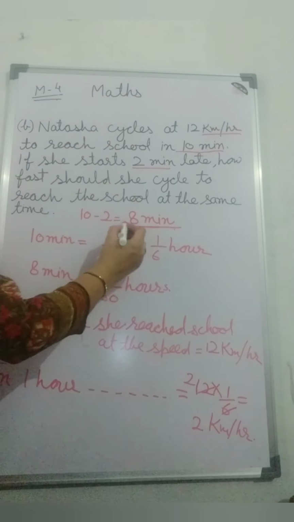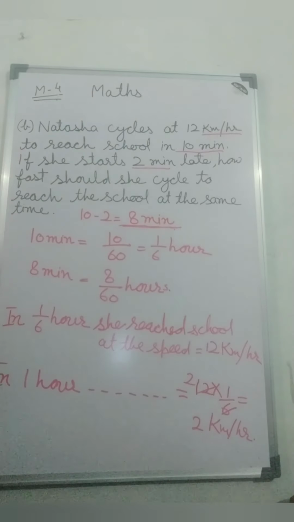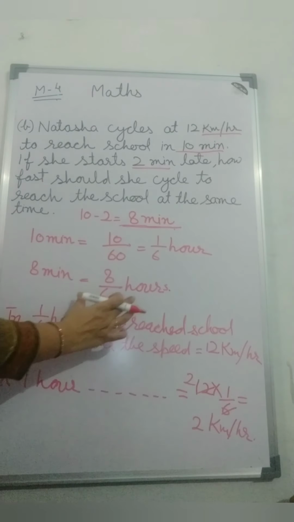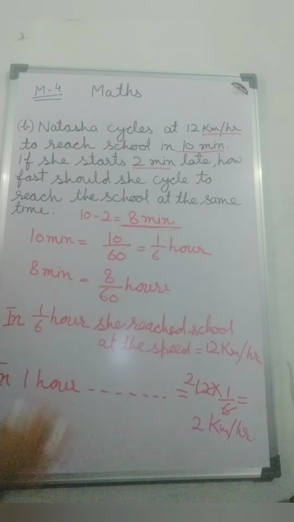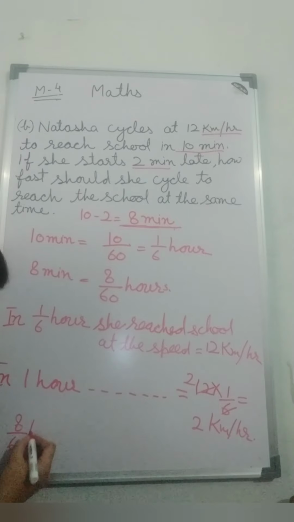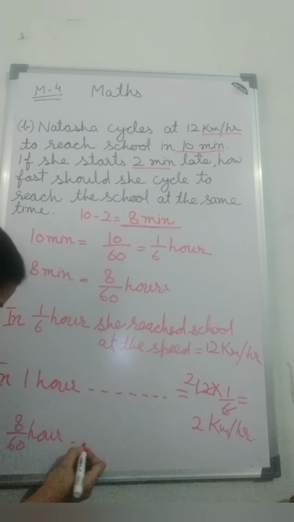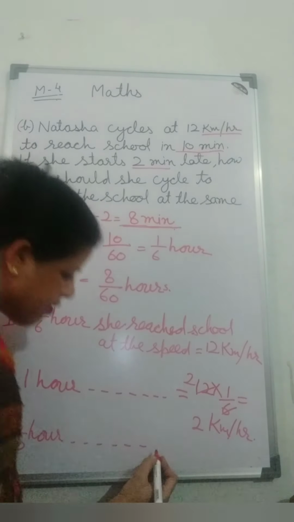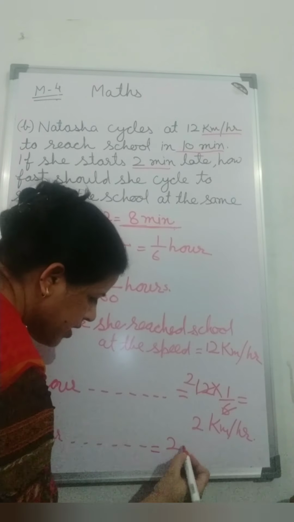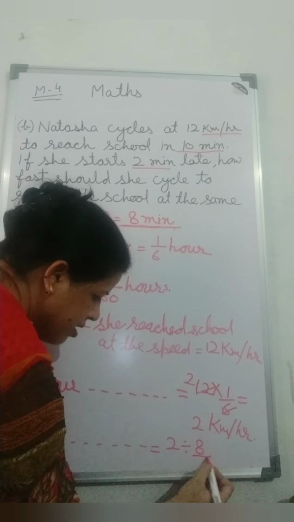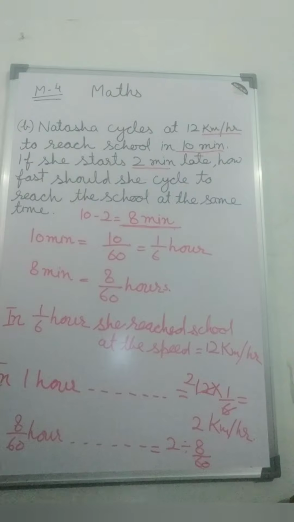But here we have to find for 8 minutes, or you can say 8 upon 60 hours. We write down 8 upon 60 hours. The speed will be 2 divided by 8 upon 60. I am erasing this one.